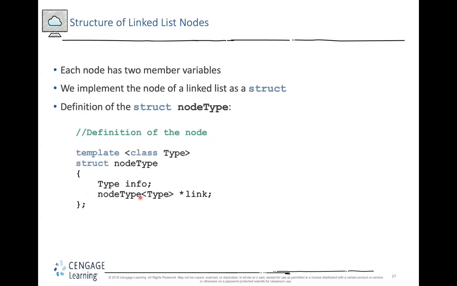Well, of course, the information we carry around doesn't have to be an integer. It can be anything. It's the satellite data. It can be another object. So the same operations we just explained can work on any type of object. So that's why we can have a class variable type. And so this is going to work for any type of node.